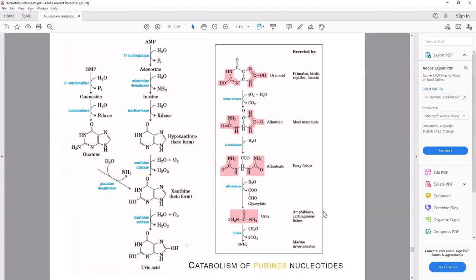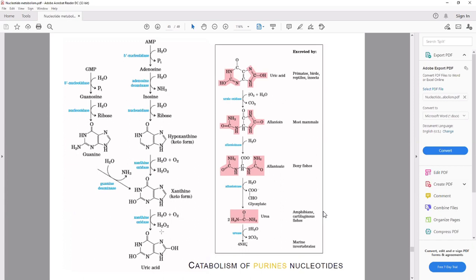Basically, the catabolism of purine nucleotides involves the formation of uric acid. So people that have a problem with a high concentration of uric acid may have a problem with the metabolism reactions.